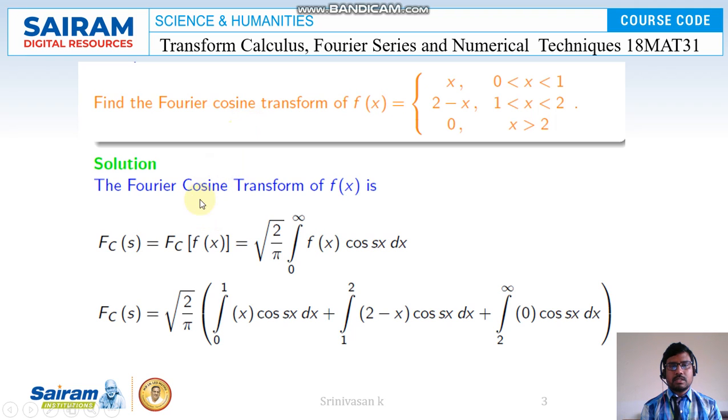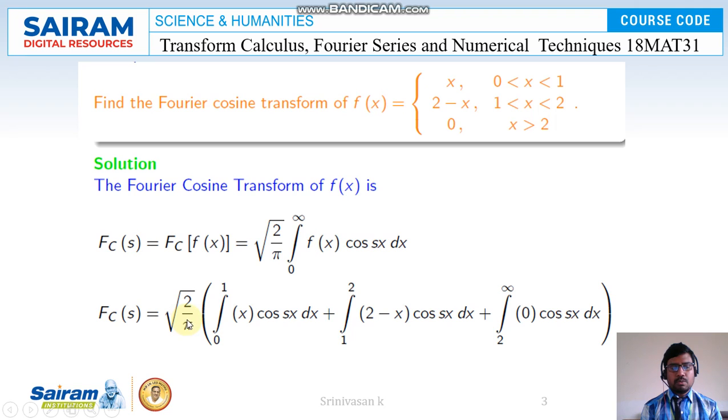We can use the Fourier cosine transform formula: the Fourier cosine transform of f(x) equals root 2 by pi, integral 0 to infinity, f(x) cos(sx) dx. This is our formula for the Fourier cosine transform. See here the interval is 0 to infinity. In this 0 to infinity, I split into three intervals: 0 to 1, 1 to 2, and 2 to infinity.